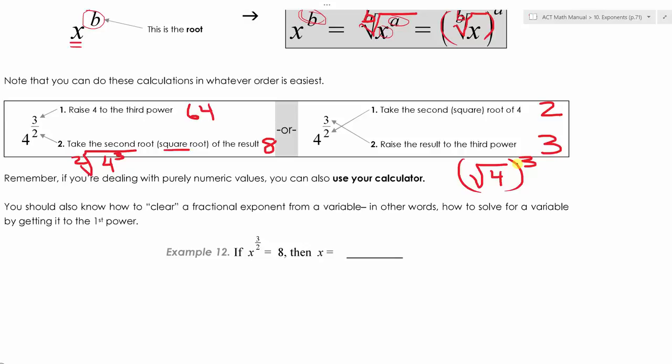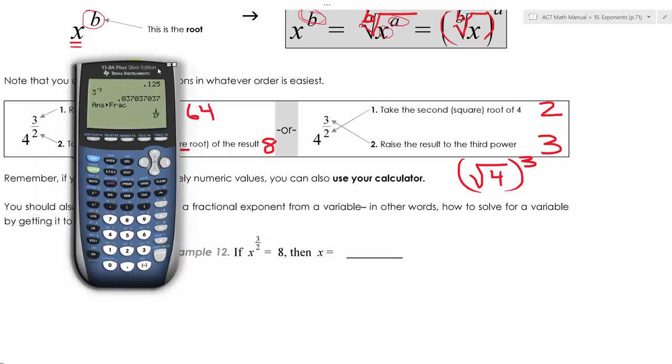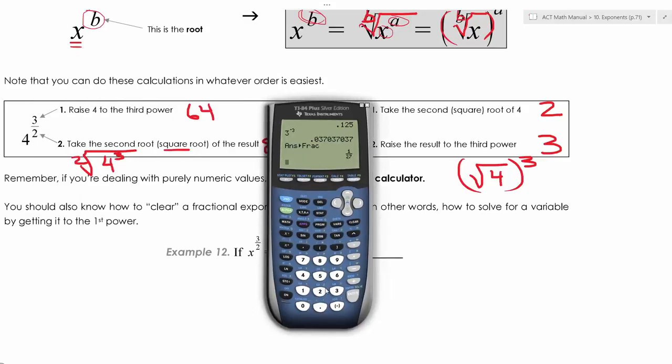Now keep in mind, one more time, you can use your calculator to handle fractional exponents. You do have to be slightly careful. When I do this in this version of the TI-84, you can see that everything pops up into the exponent and stays in the exponent.